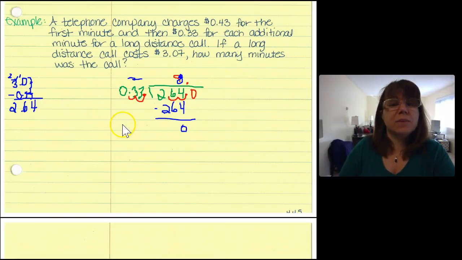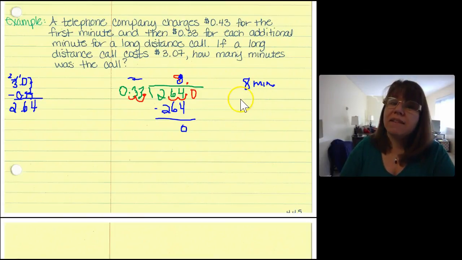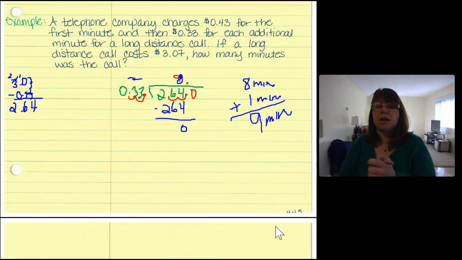So we know at the 33-cent charge, we spoke for 8 minutes. But you can't forget that first minute for the 43 cents. Therefore, our total phone call was 9 minutes long.